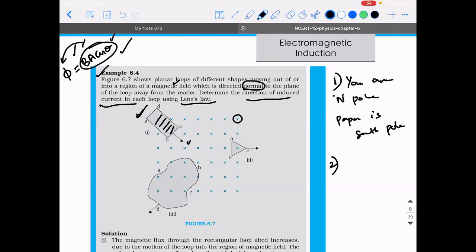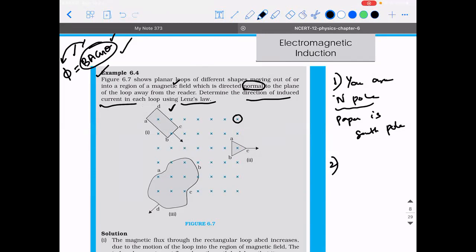So just now I told you one thing. According to Lenz's law, if the flux is increasing, I repeat, if the flux is increasing, what pole will get generated? North pole. Since this coil is facing us, we are acting like what pole according to this problem? You are North pole, I have written it also.